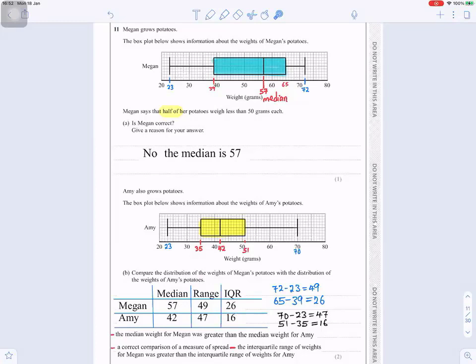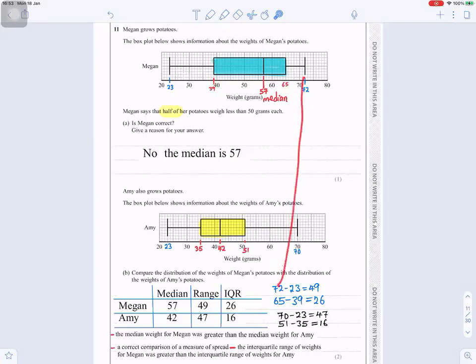How did we get the numbers for range and interquartile range? We have 72 minus 23, which gives you 49, the range for Megan. The 72 comes from that part there, and the 23 comes from there. So it's the highest minus the lowest.